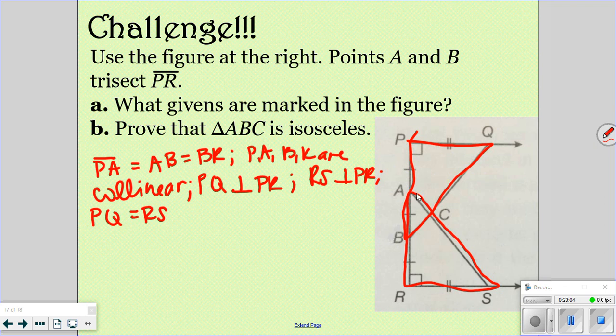And then if those two triangles are congruent, that means that this angle here is congruent to this angle here by CPCTC. And so since those two angles are congruent, that means that this side and this side have to be congruent, and that proves that it's an isosceles triangle. So that would be how you could prove that one.